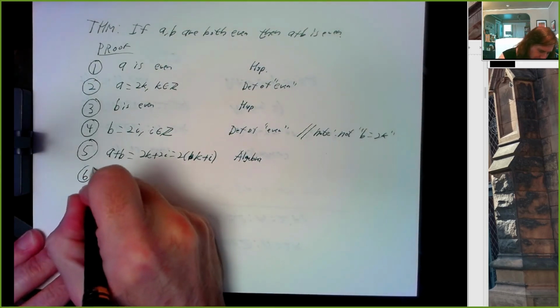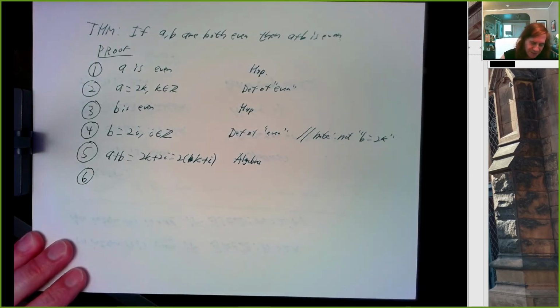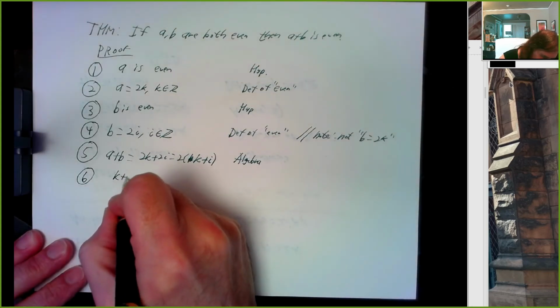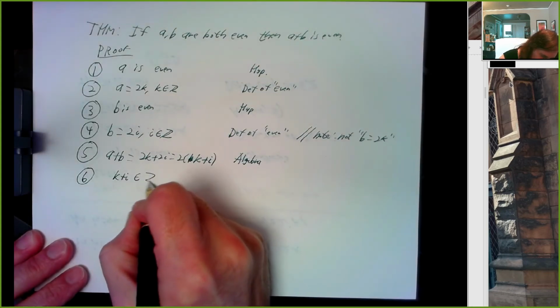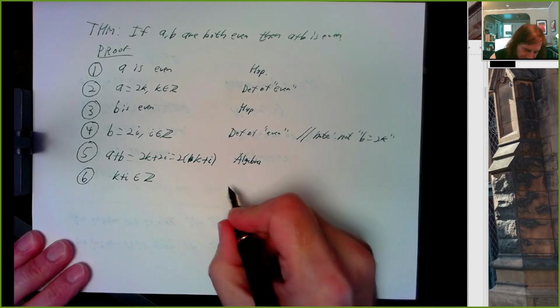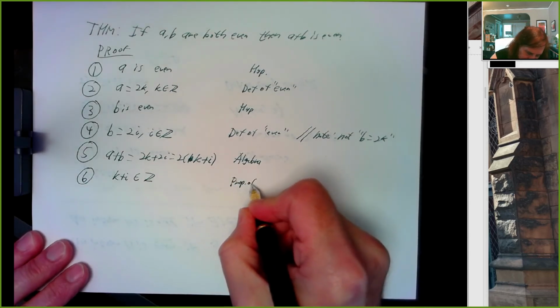So since I've got extra space on my paper and I like drawing Greek letters and fancy Z's, I might write the following. K plus I is an integer. And the reason for that: properties of integers.